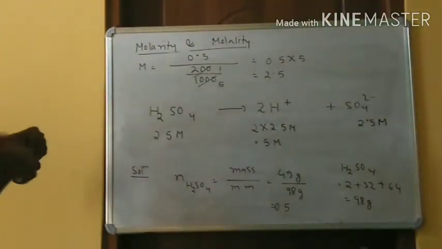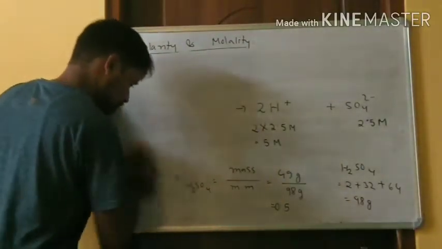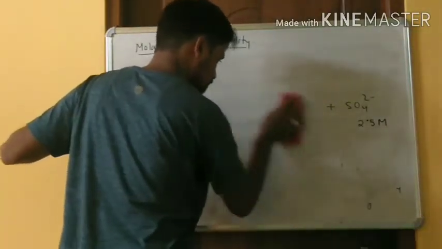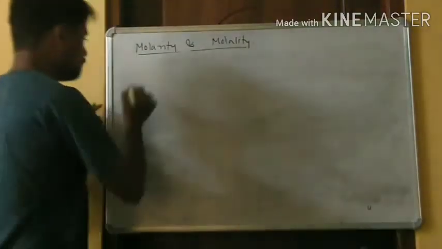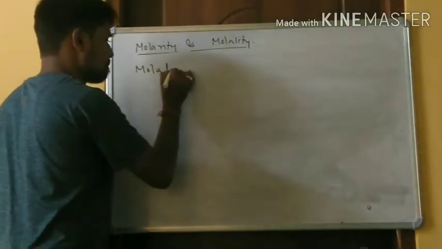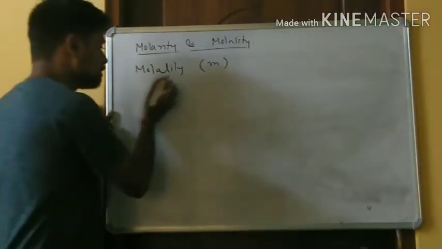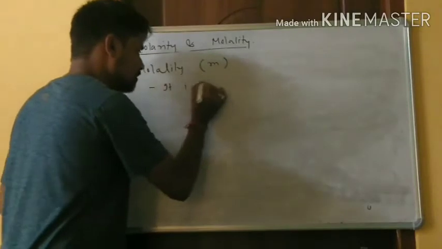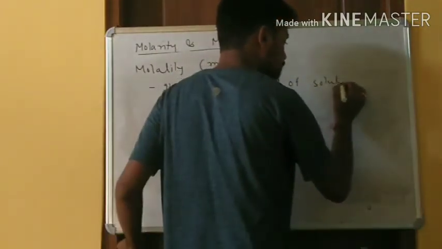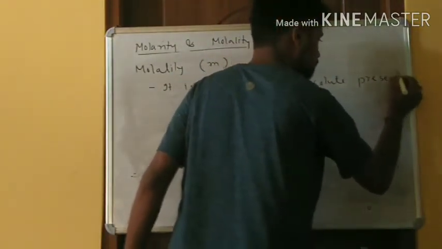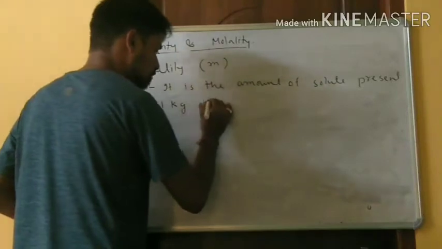Now let us move to another concept, molality. Molality is denoted by small m and defined as the amount of solute present in 1 kg of solvent.